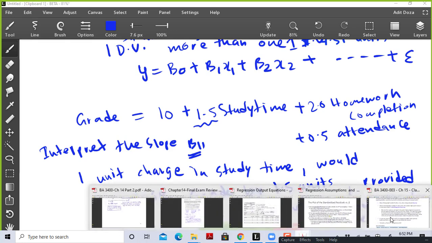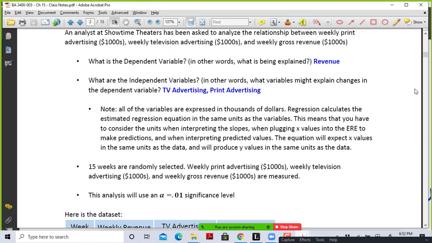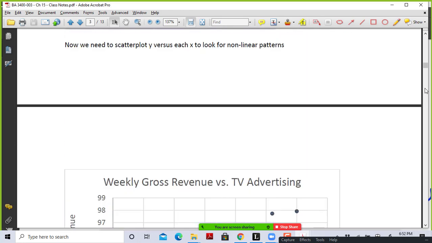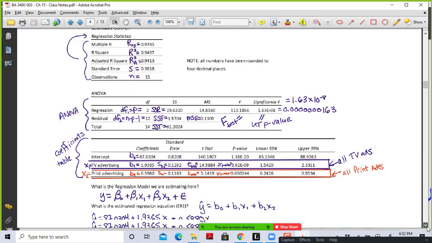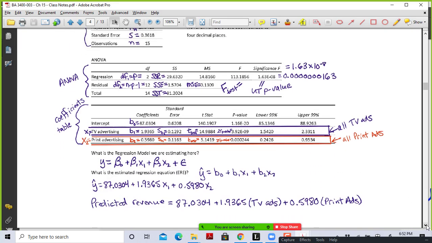That's an important criterion you need to fulfill. Again in chapter 15 I can ask you to write the estimated regression equation. You have to use beta 0, beta 1, beta 2 and plug them in. You can write this model, right?